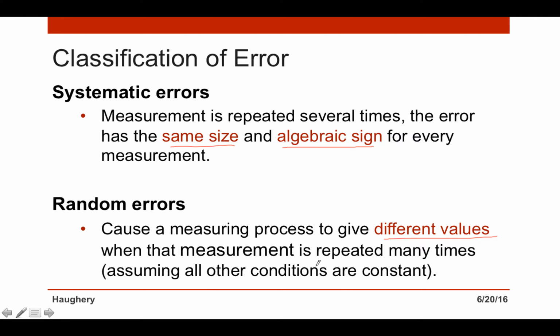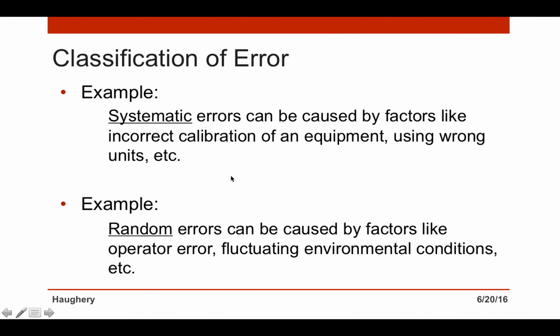And it's based on conditions like environmental conditions, heat, temperature, humidity, those types of things relate to random errors. If we look at an example, systemic errors are things like incorrect calibration or using the wrong units, or even just as simple as we didn't set up the fixture properly or we didn't measure it correctly per how we were supposed to measure with that piece of equipment.